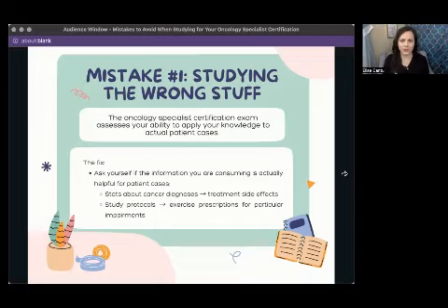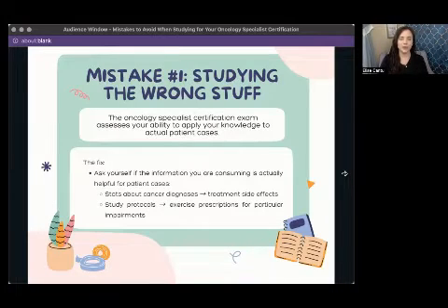So as we're going through your studying process, here's how we avoid this mistake. As you're reviewing material, you should ask yourself if the information you're taking in, that you are filling your brain up with, is actually helpful for patient cases.